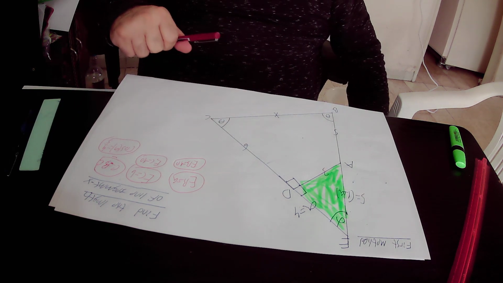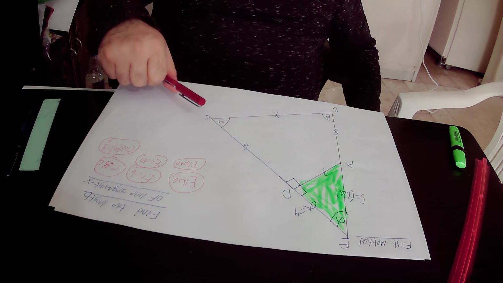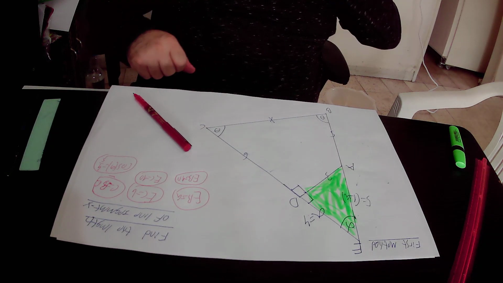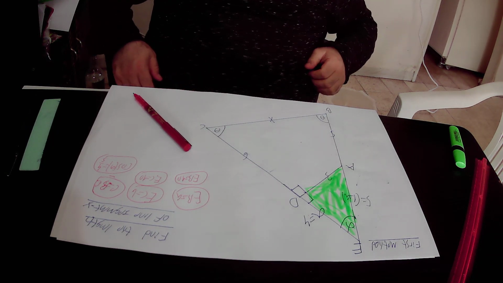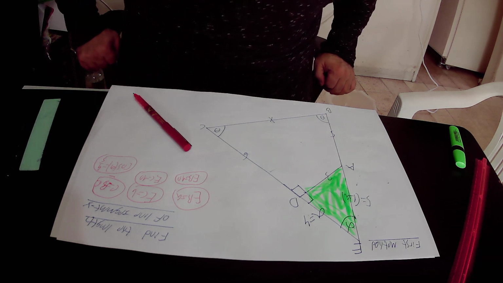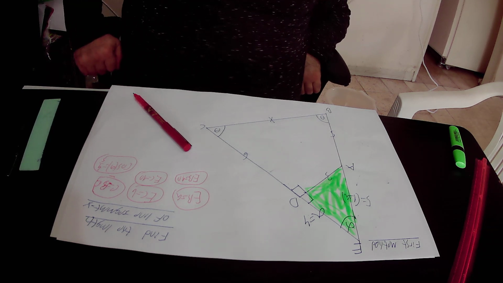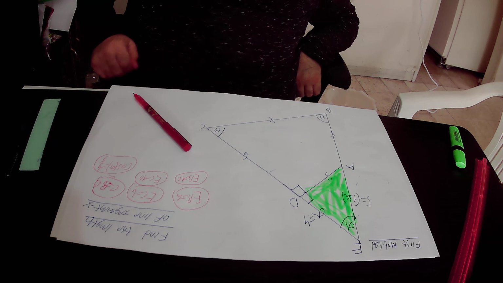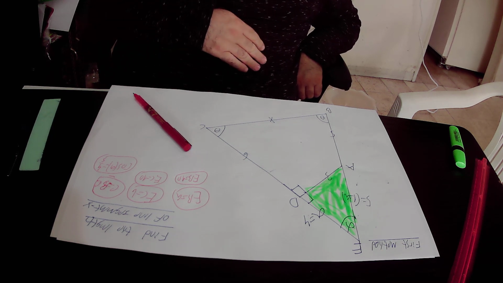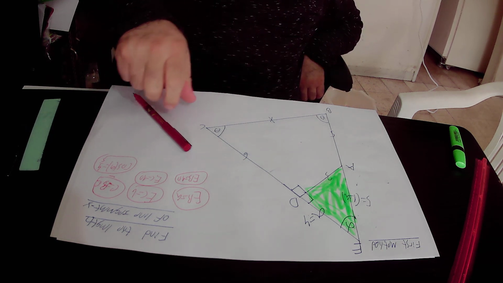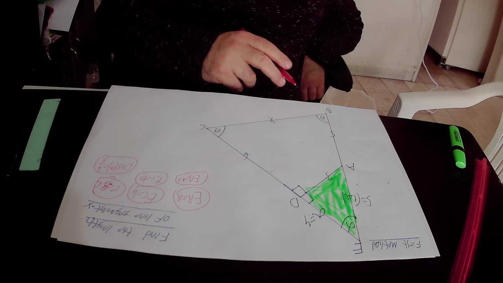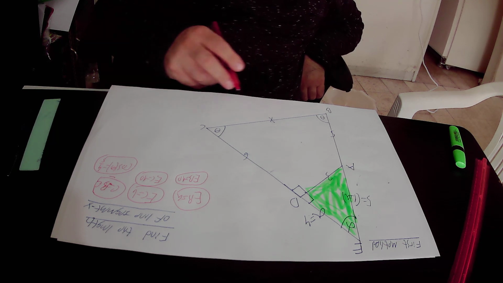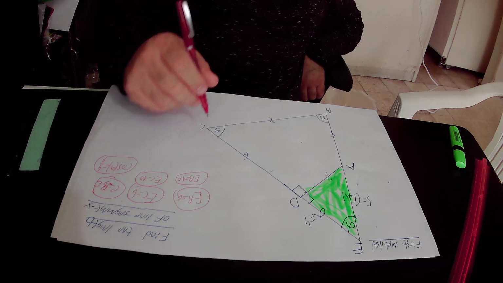Now we will implement the law of cosines in this triangle EBC. So according to the law of cosines, c square, here, c square is BC square.